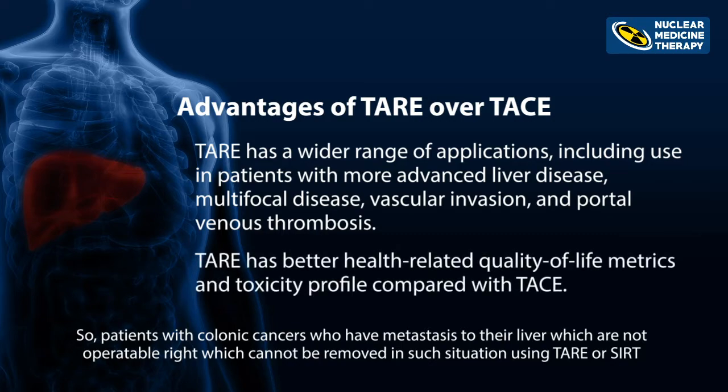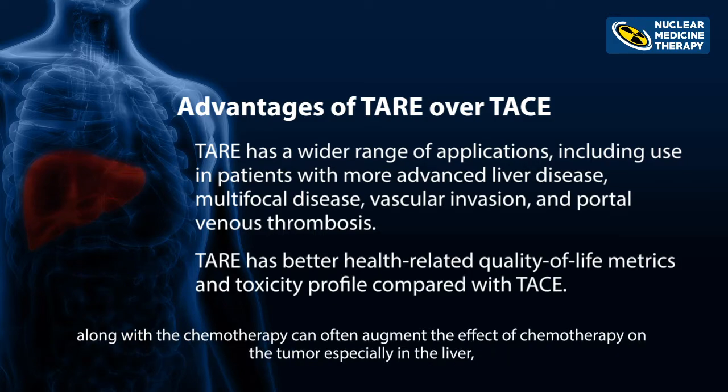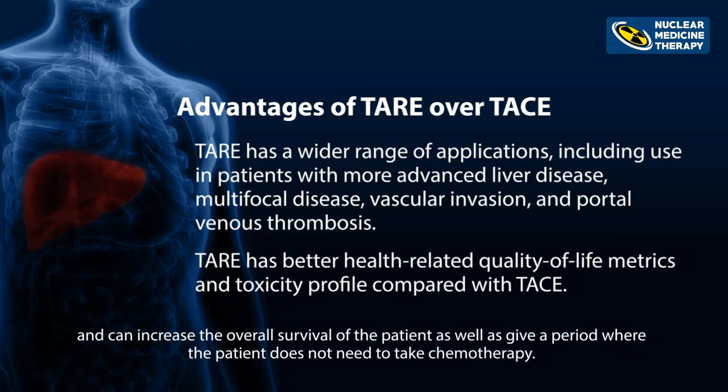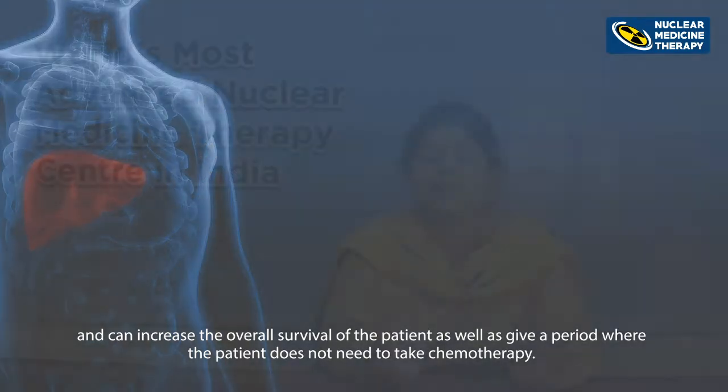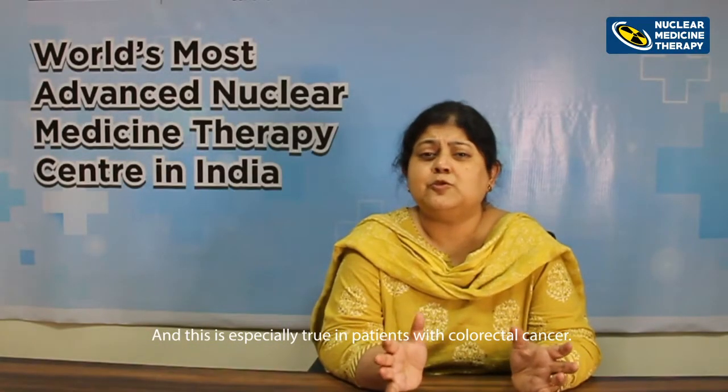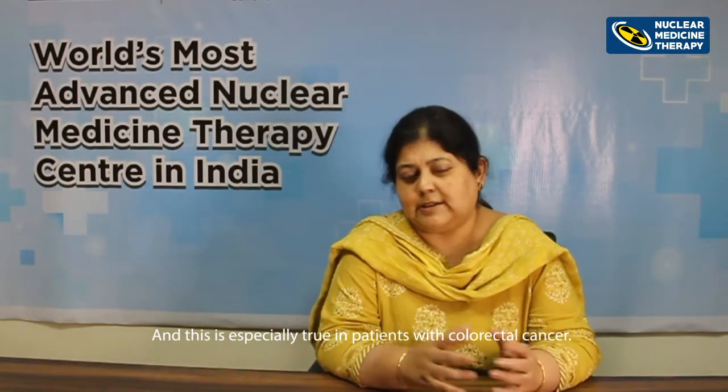In such situations, using TARE or SIRT along with chemotherapy can often augment the effect of chemotherapy on the tumor, especially in the liver, and can increase the overall survival of the patient, as well as give a period where the patient does not need to take chemotherapy. And this is especially true in patients with colorectal cancers.